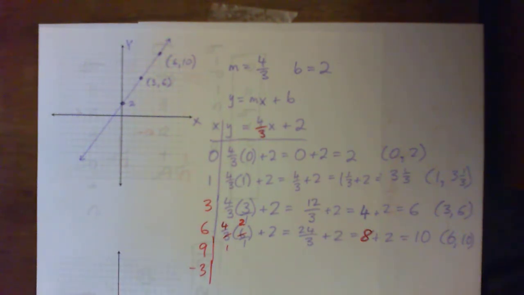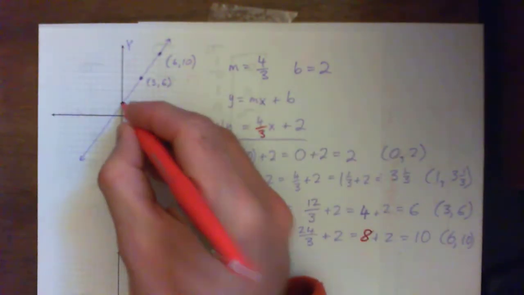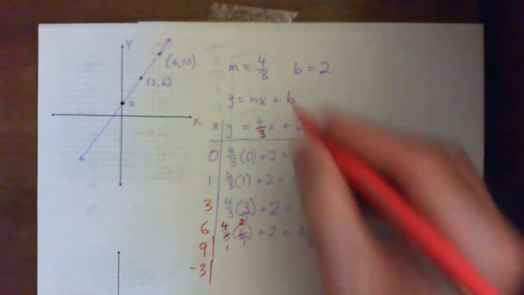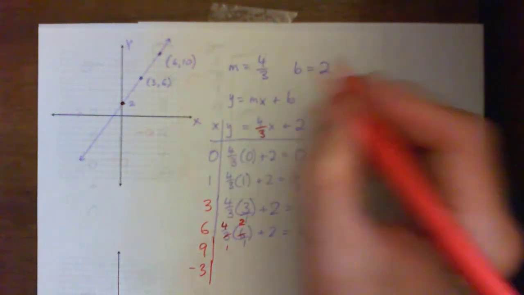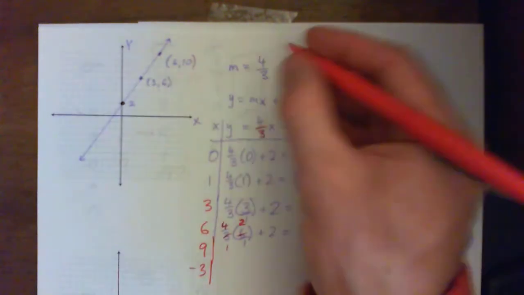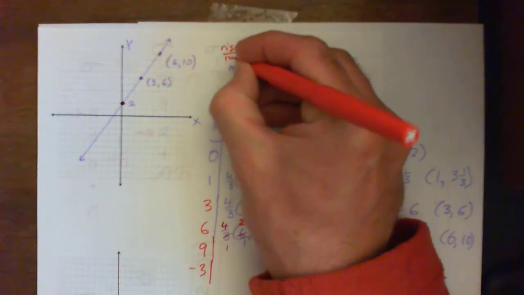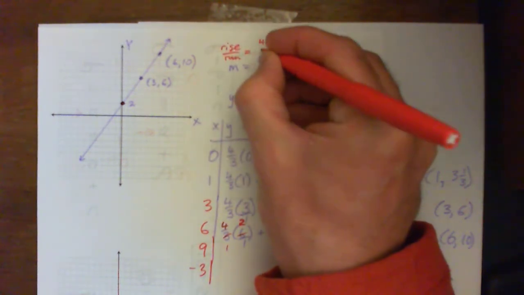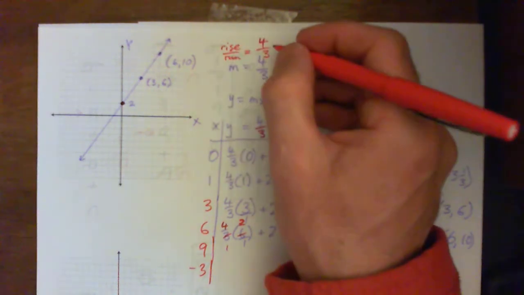Yes, I do. So I want you to put your pen on the Y-intercept at 2, right? And we have a slope of 4 thirds, right? So what that means is the rise, write this down, rise over run equals 4 over 3. So write down rise over run equals 4 over 3.